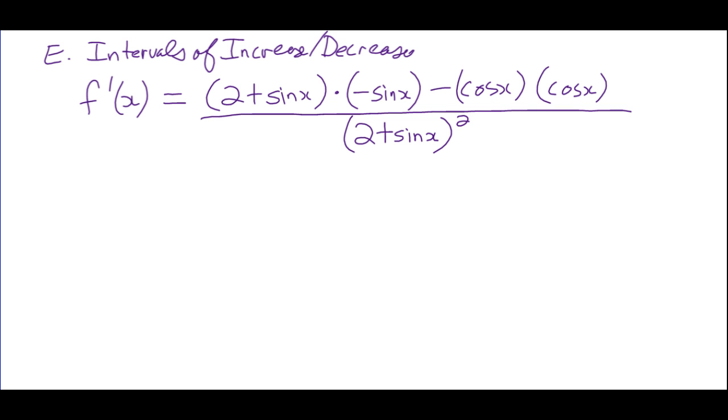Then we attempt to simplify that. You can see I'm going to end up with a minus sine squared x minus cos squared x, and if that was sine squared x plus cos squared x, it's 1. So let's play with that. We got minus 2 sine x minus sine squared x minus cos squared x.